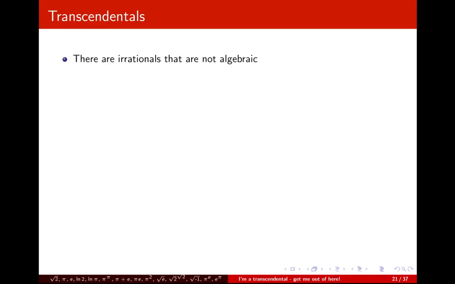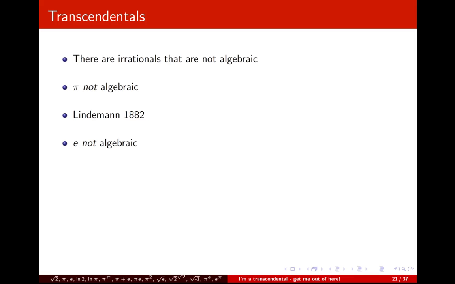So there are irrationals that are not algebraic. They're not solutions of polynomial equations with integer coefficients, and those are called transcendentals. So pi is not a solution of such an equation, so it's not algebraic, it's transcendental. And this was shown in 1882. E is also not algebraic.